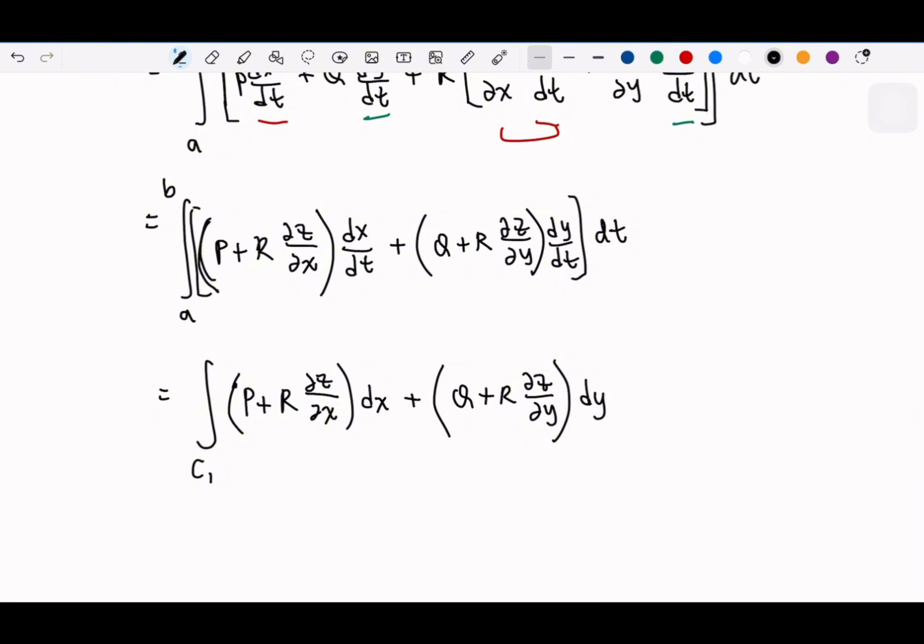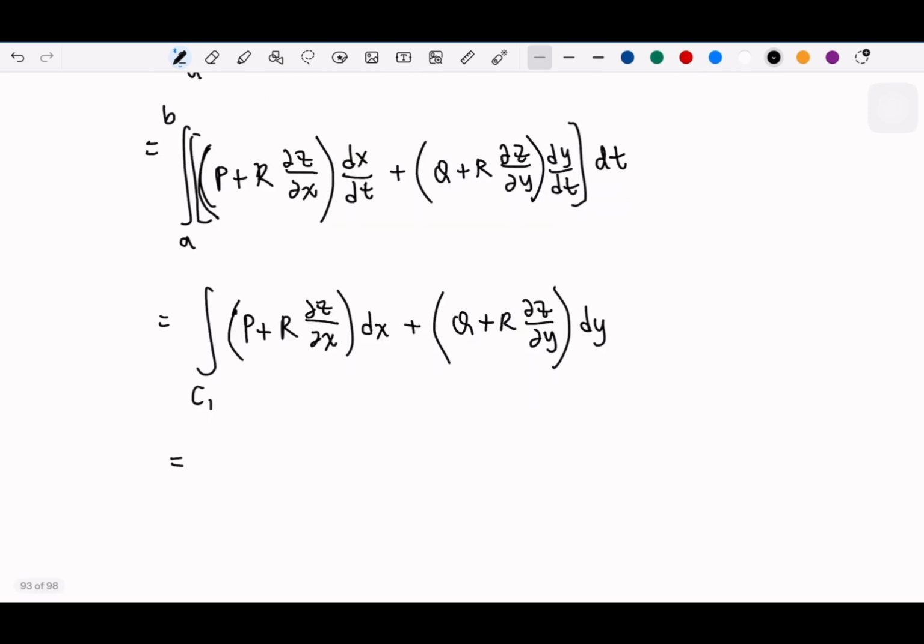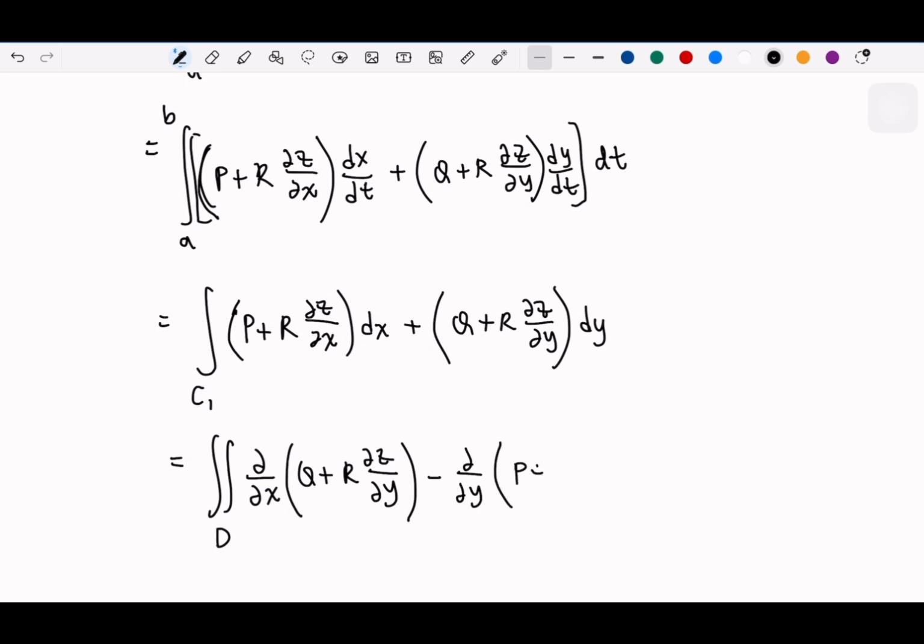In Green's theorem, this turns out to be over the region D, and we are going to partially differentiate this. I will write the Q in front so that it will be similar to Green's theorem. And then this will be minus, all with respect to the area of that region D.